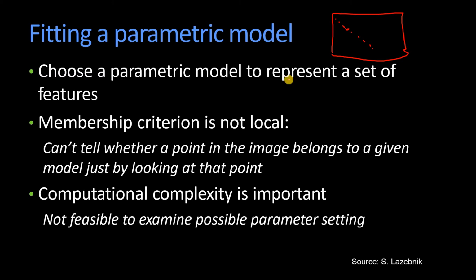Only then you can make a decision on whether one pixel is part of a line or not. So remember, the membership criteria is not local. You have to check that all these points belong to a straight line. All of them exist in the edge diagram, in the edge figure, then you can say that this is a line.